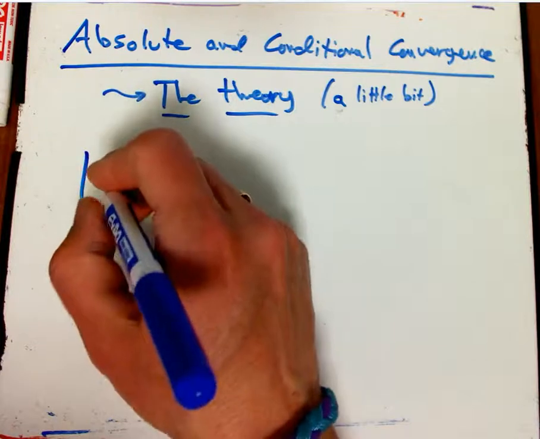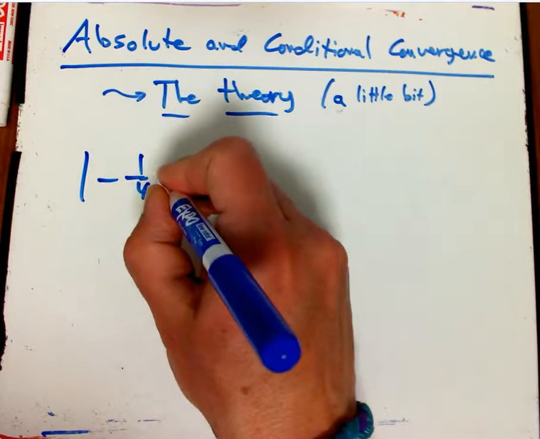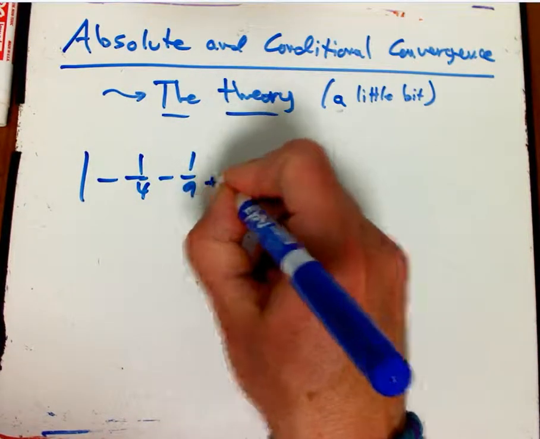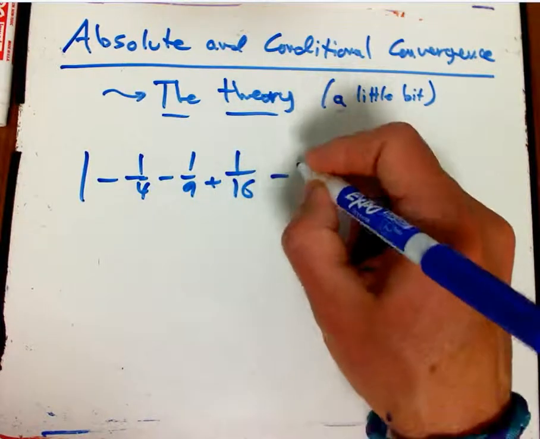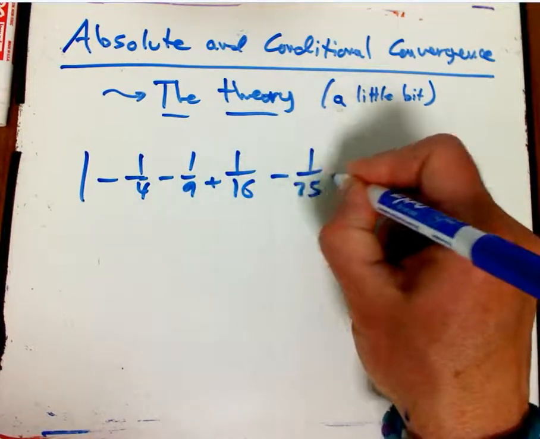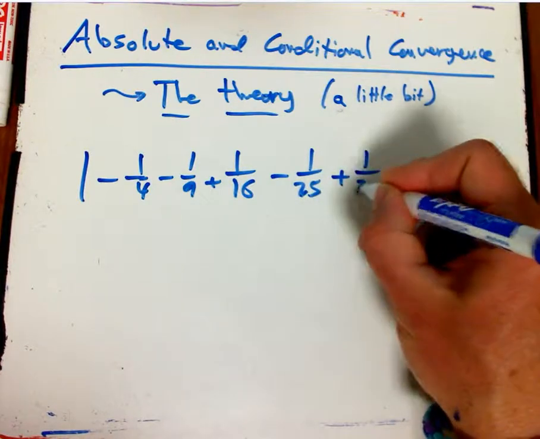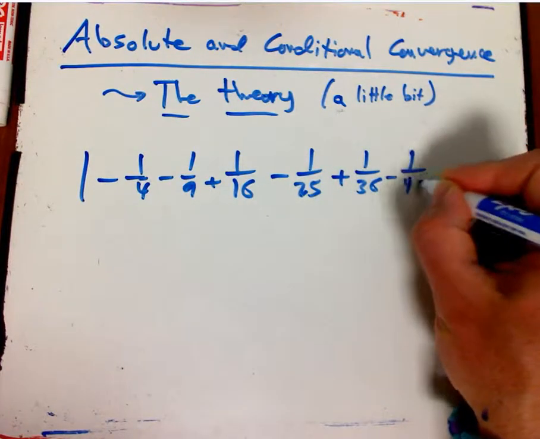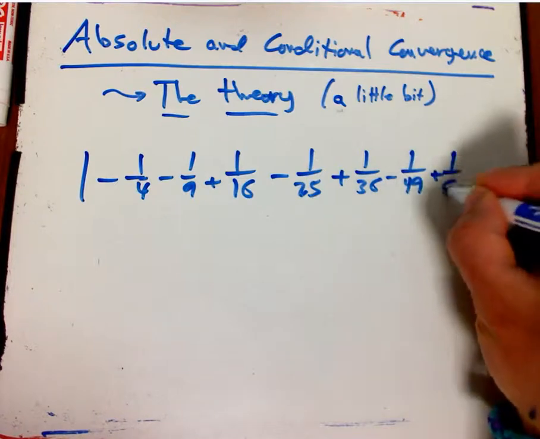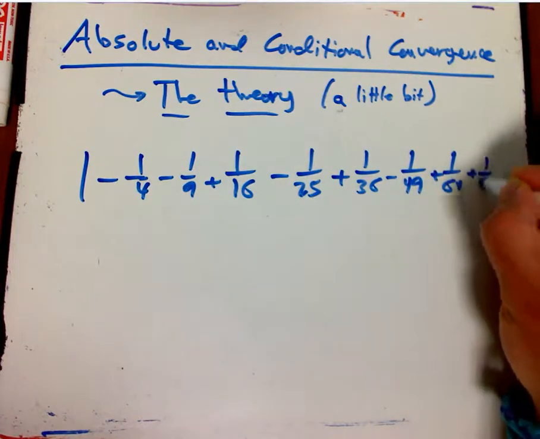Let's look at, for example, the example I had before, where it's reciprocal squares, and it's minus if it's the square of a prime, but plus if it's the square of a composite.